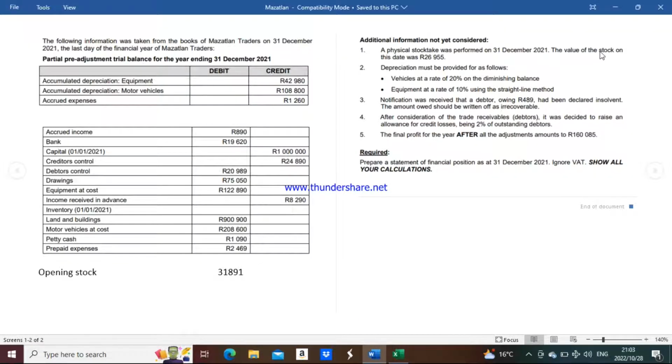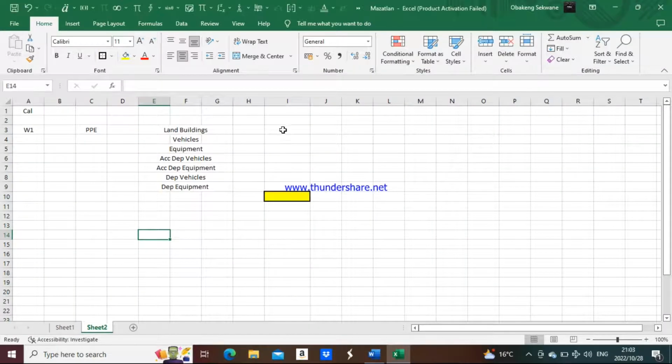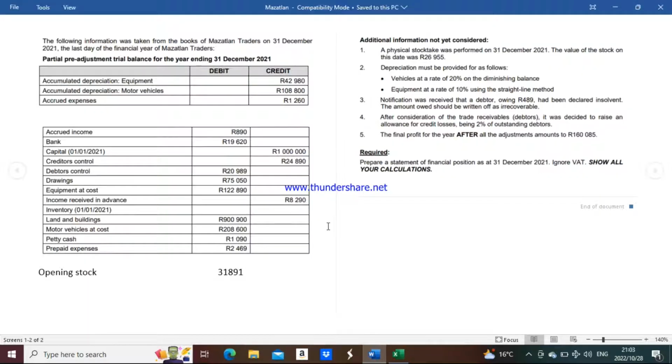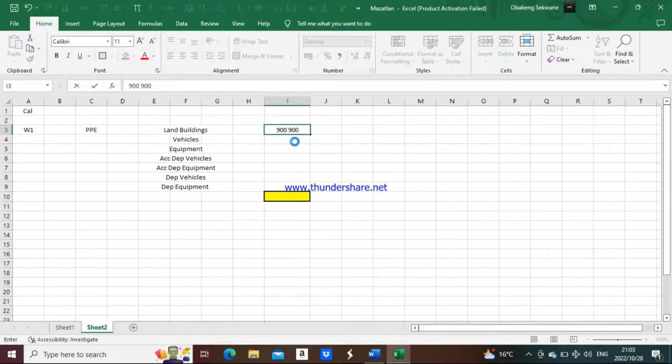We have land and buildings at 900,900 rand. Vehicles is 208,600.